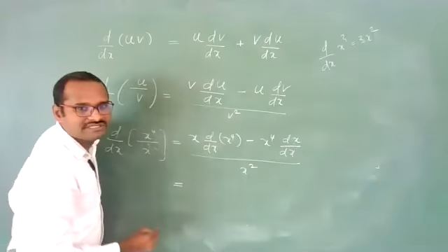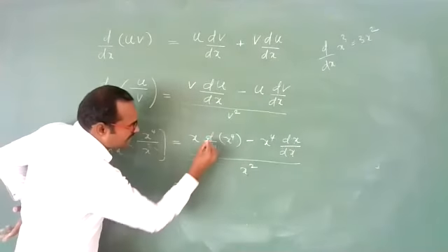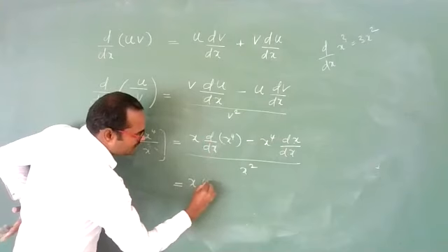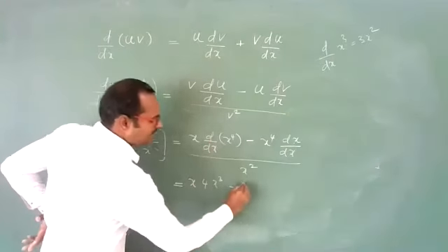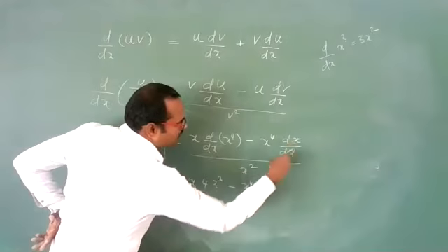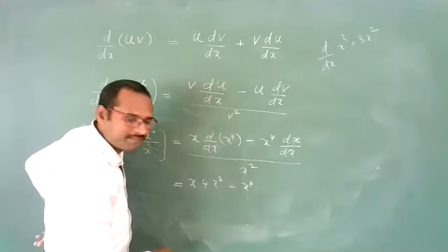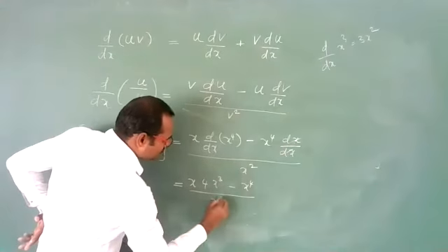Yes, what will you get? You check. x into d by dx of x power 4 is 4x cube, minus x power 4 into 1, divided by x square.